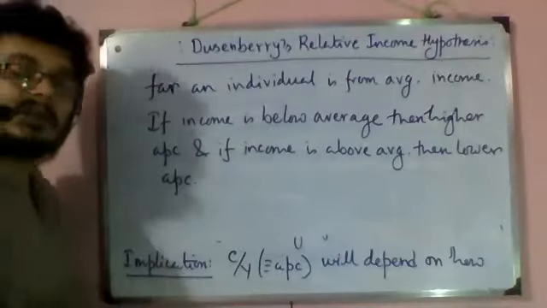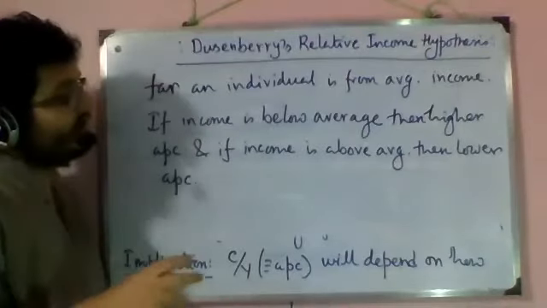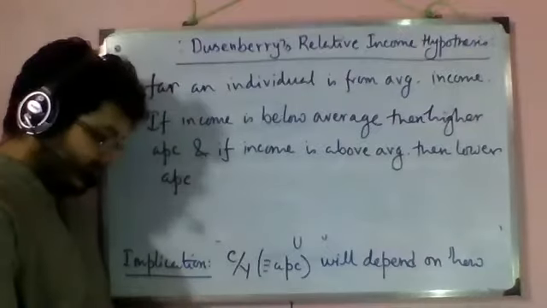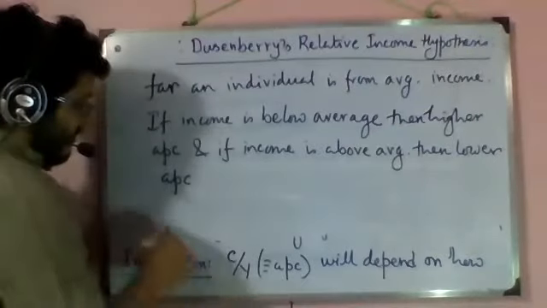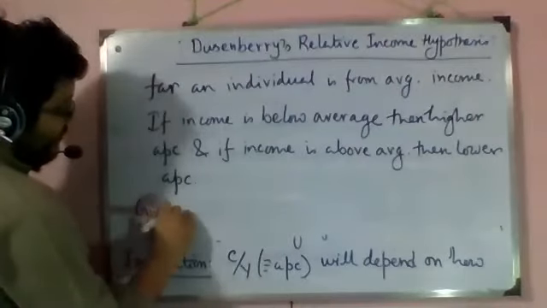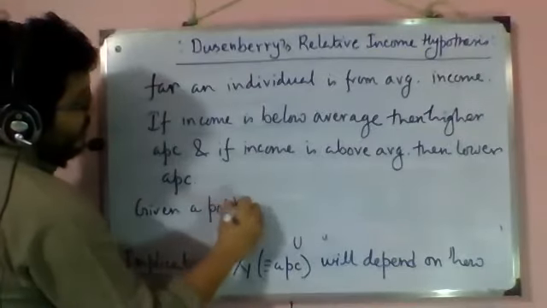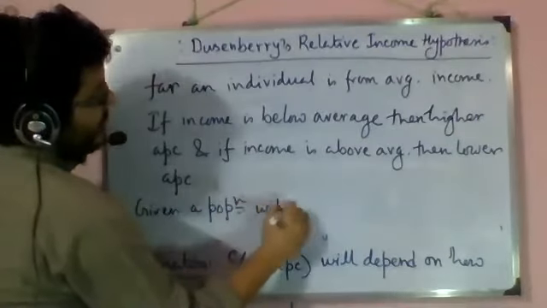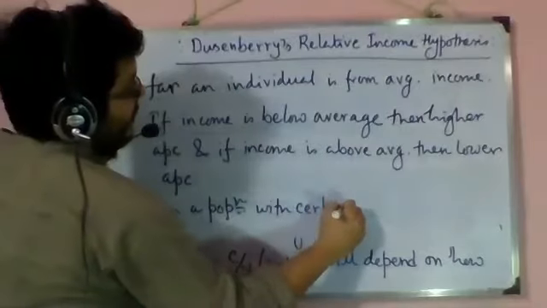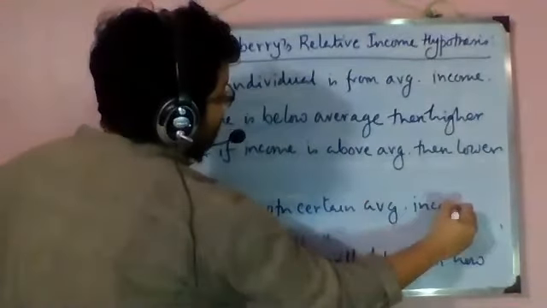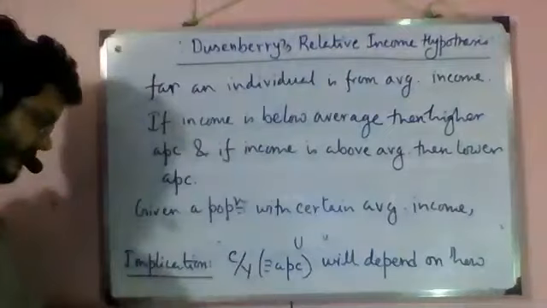So given a population with a certain average income, what will happen?